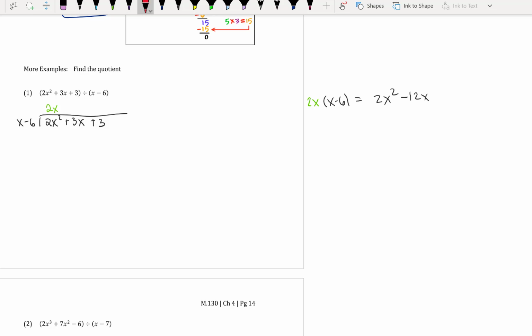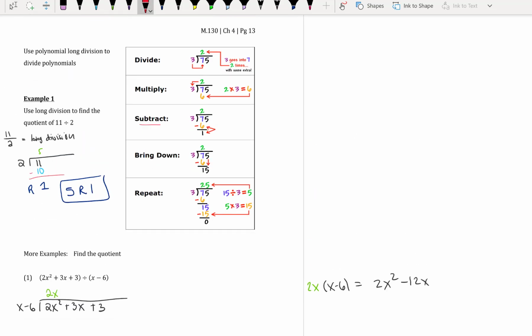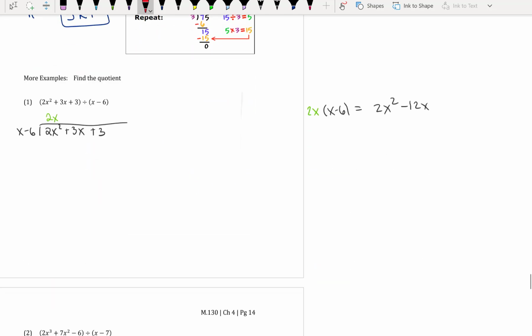And don't forget that you are actually going to subtract. So because you're going to subtract, I'm just going to multiply everything here by a negative 1. When I do that, this is really a negative 2x squared plus 12x. So I'm going to subtract my 2x squared minus 12x.